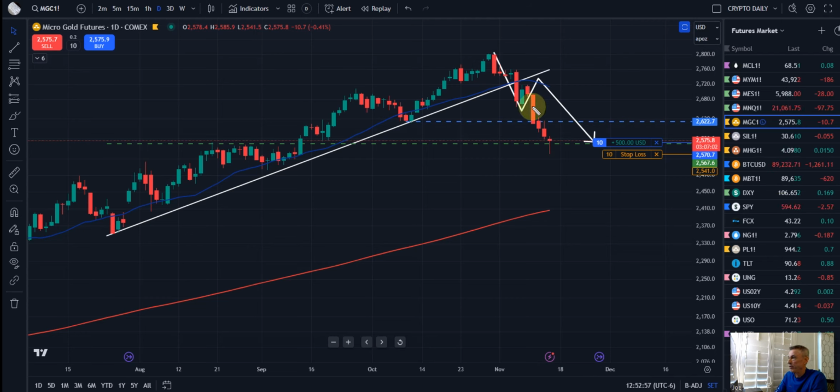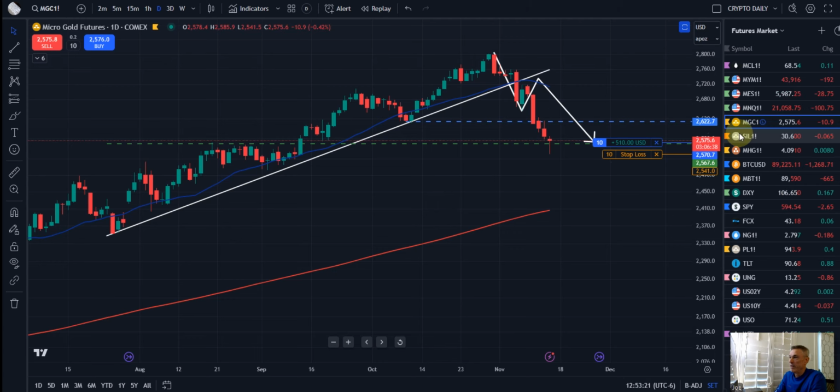Unless it's a huge, bigger than average candle. See these two red candles, those are bigger than the average on this chart. Then we make it half of that candle. So I'm only going to lose that much rather than all of that, if that makes sense.